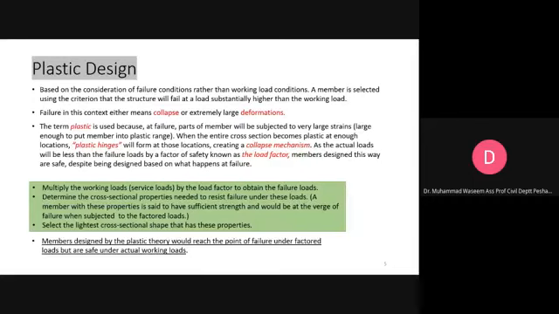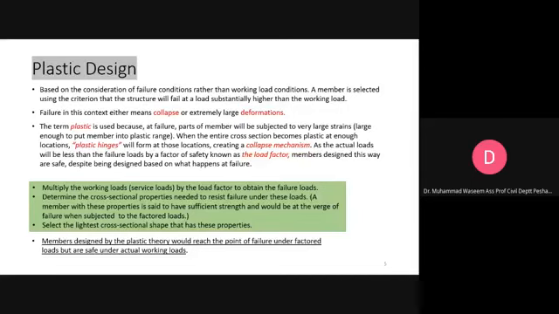Now, in the plastic design philosophy, as I told you, the stresses are in the permissible limit, but we increase the load so that the stresses in the member are at the verge of failure.